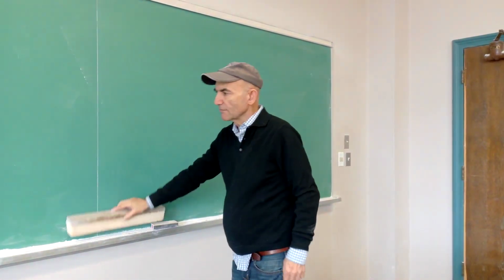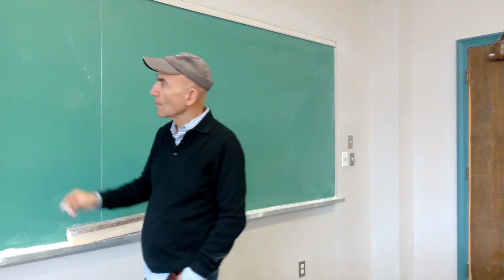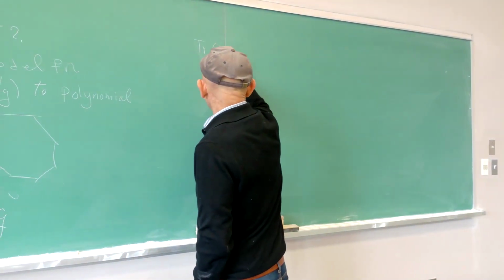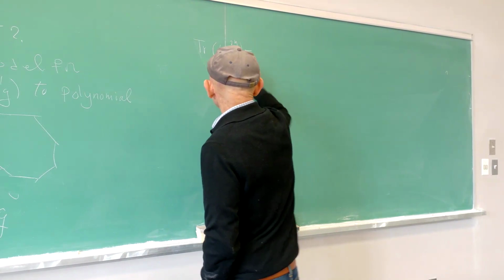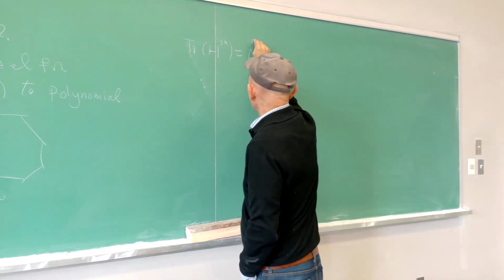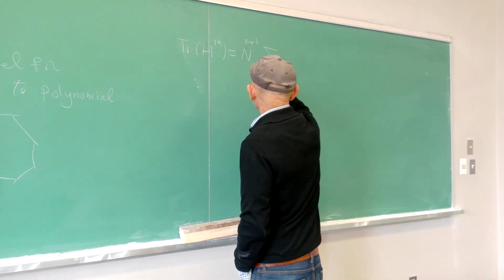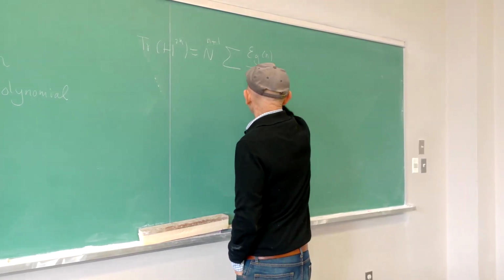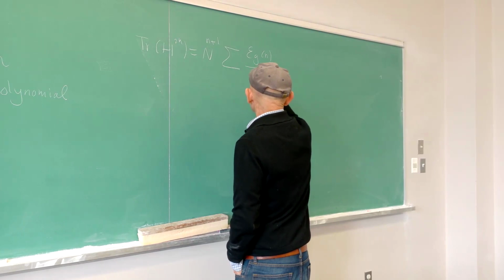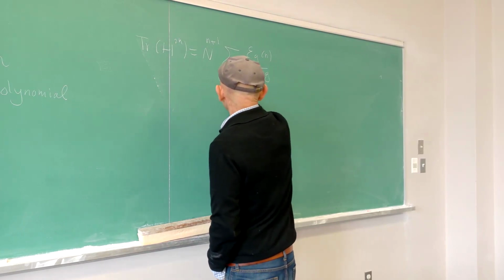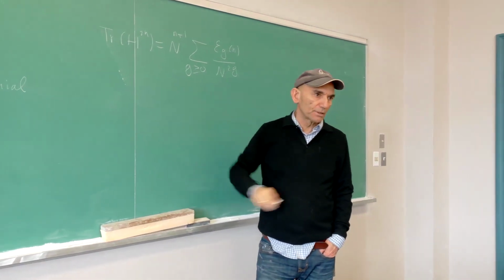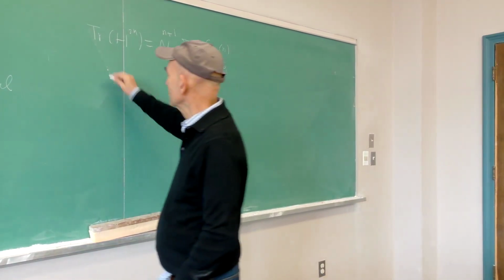So the issue was the following: the expectation of trace of H^2n turns out to be equal to n^(n+1) times the sum of epsilon g n over n^(2g), g bigger than or equal to 0. This was the genus expansion in this case, right?